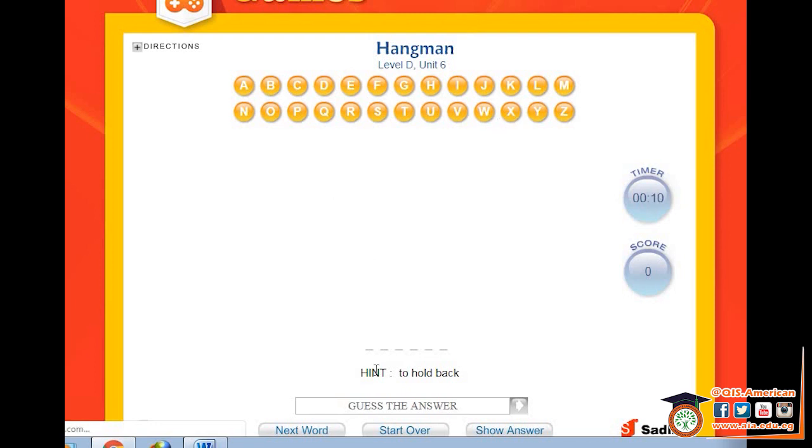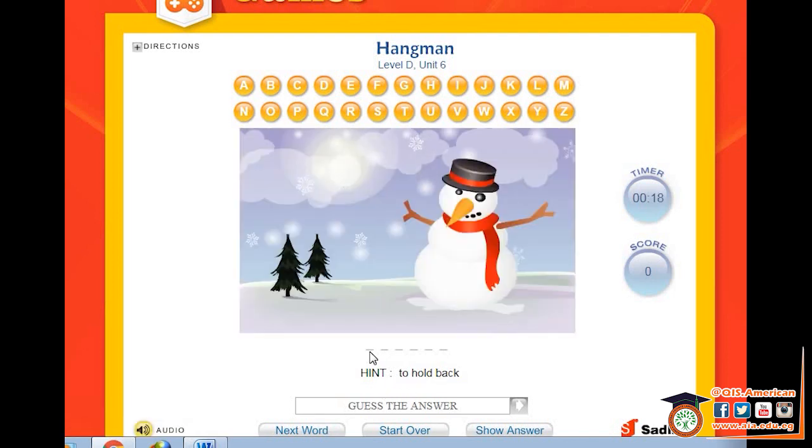The vertical words in order. The definition of the word, to hold back, and this number of letters required for the word: 1, 2, 3, 4, 5, 6. So, hold back can be what? Remember? Hamper. Yes, hamper. Try to be not necessary to be quick, because it is not by a few seconds.